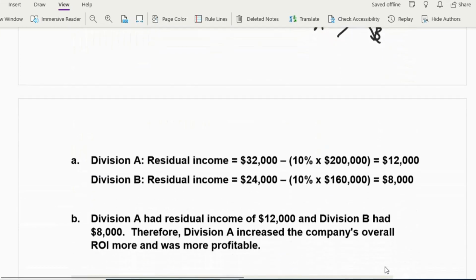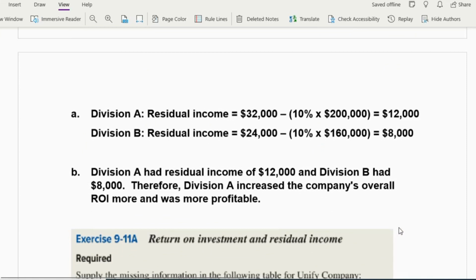So the facts and figures are in front of us. Division A residual income is equal to its operating income, 32,000, minus the required rate of return of 10% times the operating assets they were using, 200,000. So this will be 20,000, and 32,000 minus 20,000 is 12,000.